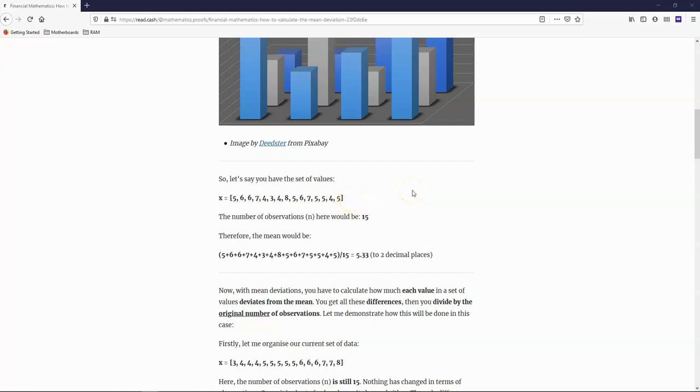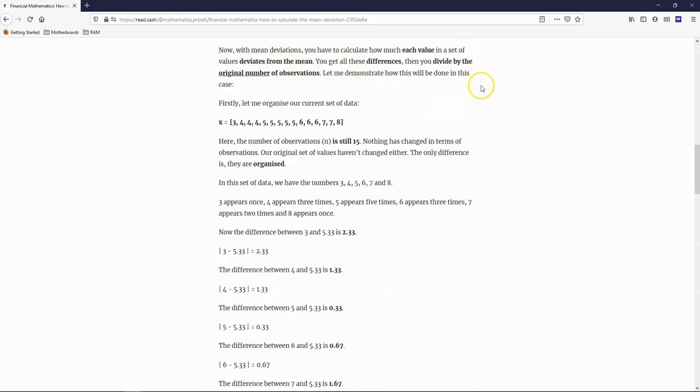How would we find the mean in this case? Well, we'd add up all these numbers and we would divide by 15. In this case, we would get 5.33 to 2 decimal places, and that would be the mean for this set of data. Now, this would be the first step in finding the mean deviation for our set of data.